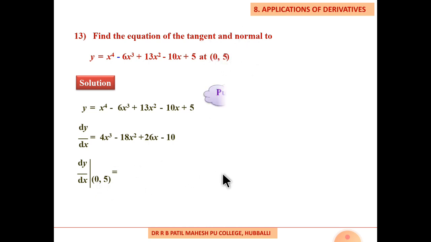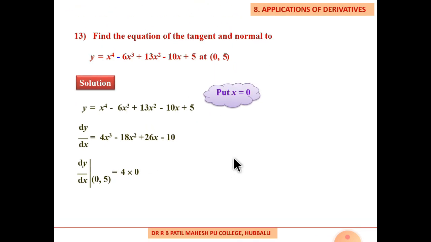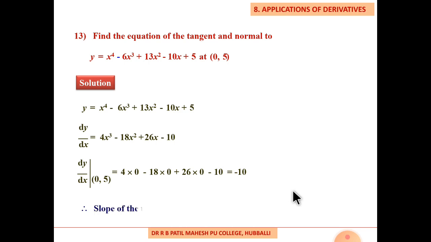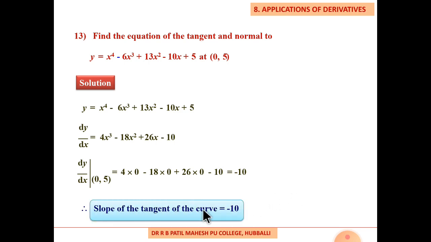Put x equal to 0 on the right hand side: 4 into 0, 18 into 0, 26 into 0, and the constant term stays as minus 10. So dy by dx at (0, 5) is minus 10. Therefore, the slope of the tangent to the curve is minus 10.